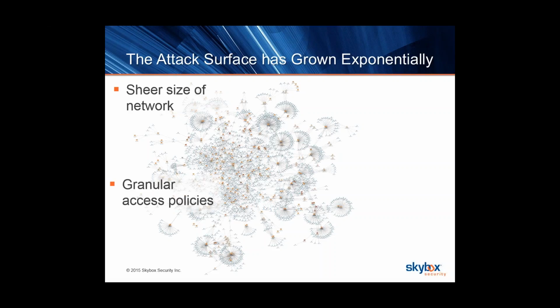There's, of course, a change and shift in some of the security controls that are used to more granular access policies as we see the need for organizations to tie more controls to a particular user and a particular application. Of course, the advent of cloud and mobile devices complicates the issue more, sometimes with infrastructure that the IT security team doesn't really have direct ownership of, but still has to understand how to secure.